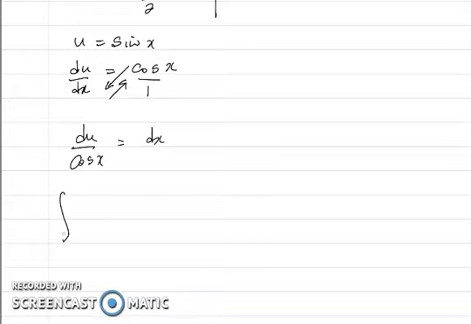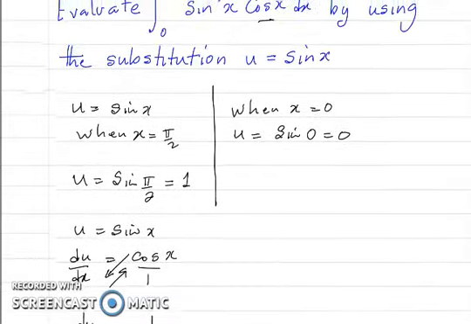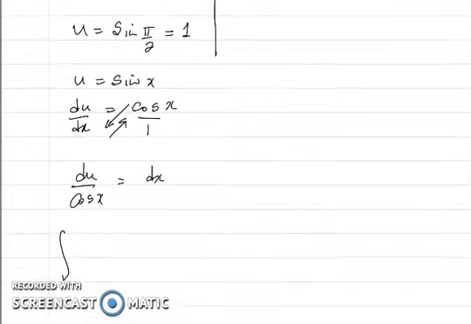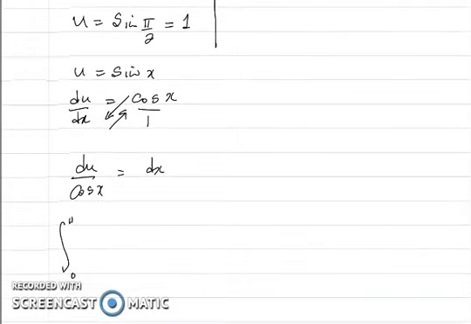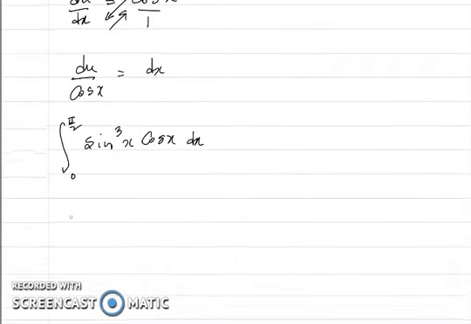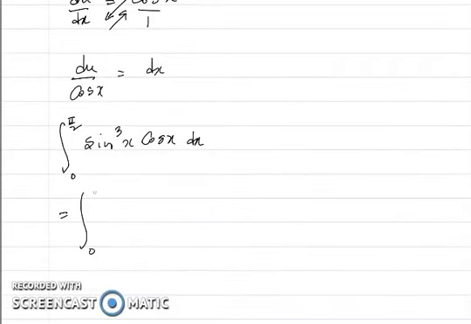So the integral from 0 to pi by 2 of sine cubed x cosine x dx could be written as the integral from 0 to 1 of u cubed cos x, and replace dx with du over cos x.